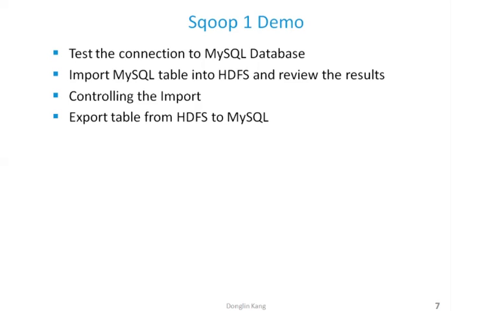That means in the command line of the import, I can insert business conditions, such as a where statement equivalent in SQL, as well as which columns I want to import, if I do not want a full table import. And last but not least, export a table from HDFS back to the MySQL database.